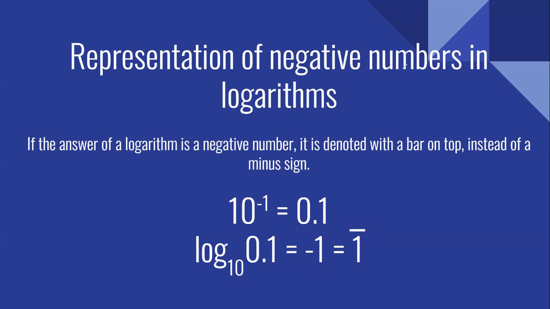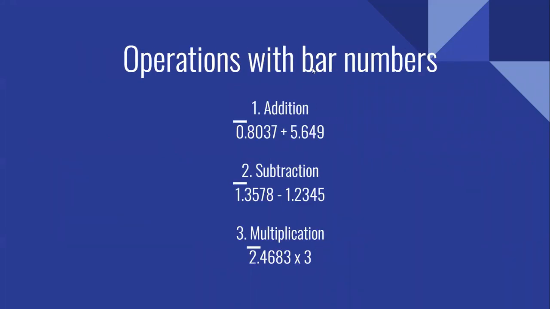Okay. So now let's look at the difference between bar 1 and negative 1. Let's look at the calculation and the operations which are done with bar numbers, operation with bar. First of all, let's look at some examples with addition. So we have bar 0.8037 plus 5.649.